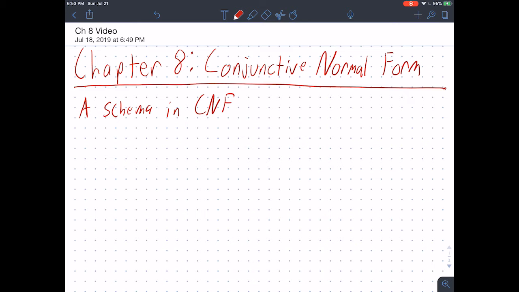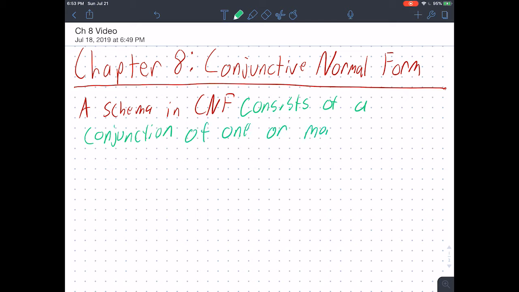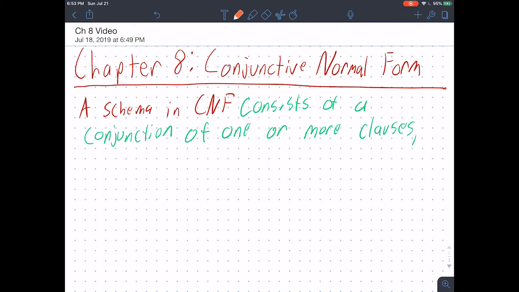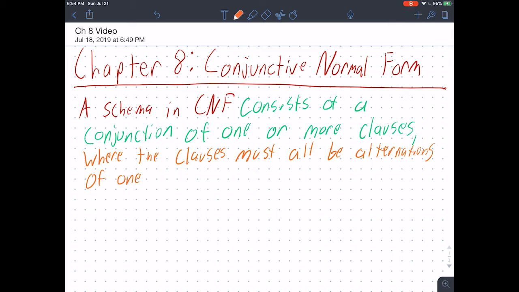So a schema in CNF consists of a conjunction of one or more clauses, where the clauses must all be alternations of one or more single letters or negated single letters.